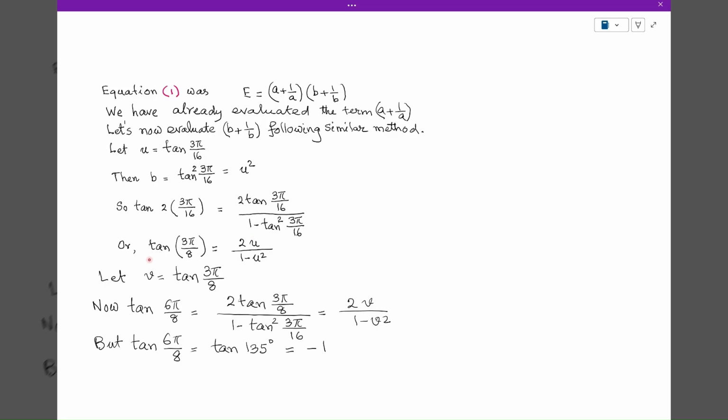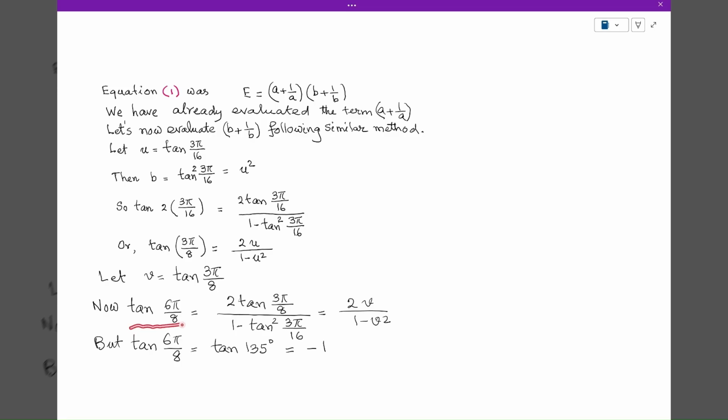This being 3 pi by 8, we get tan 3 pi by 8 is equal to 2u divided by 1 minus u square. Let v be tan 3 pi by 8.